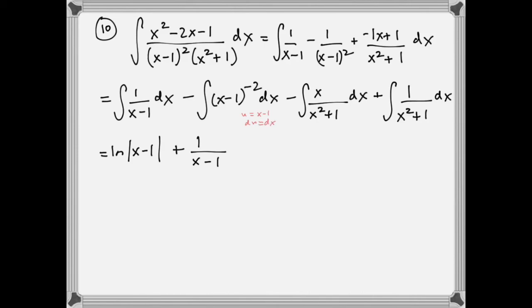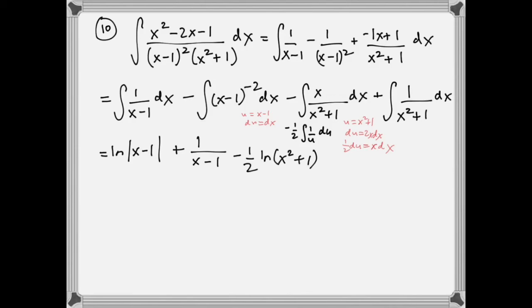Now this next one, I am going to do a u sub. u is equal to x squared plus 1, and then du is 2x dx, or 1/2 du is equal to x dx. And so that means that I end up with minus 1/2 times the integral of 1 over u du. So it's going to end up being minus 1/2 natural log of x squared plus 1.